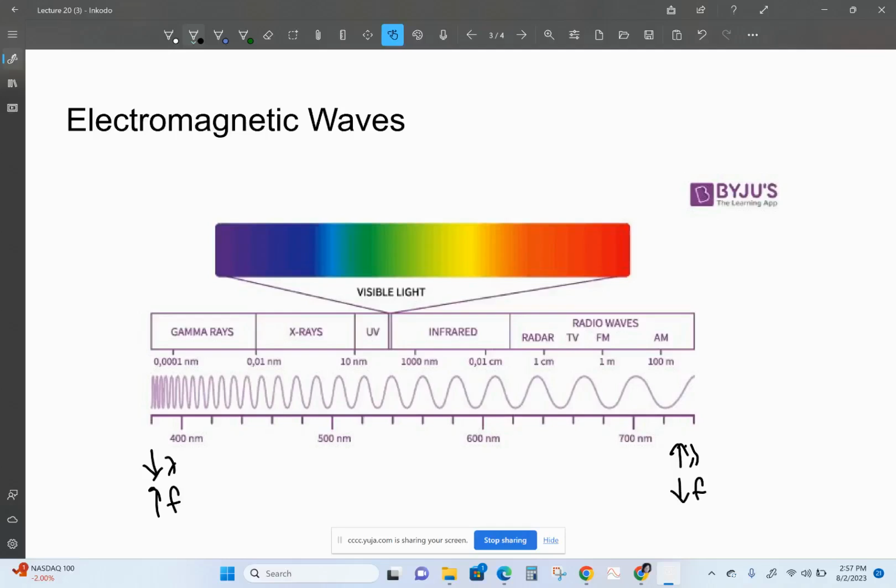Those electromagnetic waves consist of our lowest frequencies, which are radio waves, which range in wavelength somewhere on the centimeter to meter range. Radar is in centimeters, TV, AM and FM are on the order of meters and hundreds of meters.